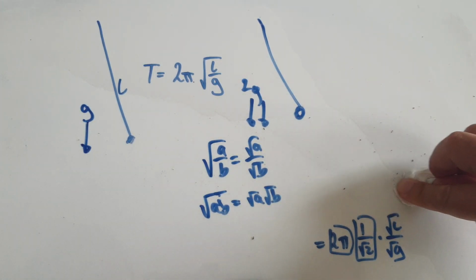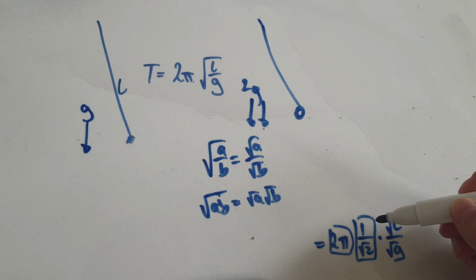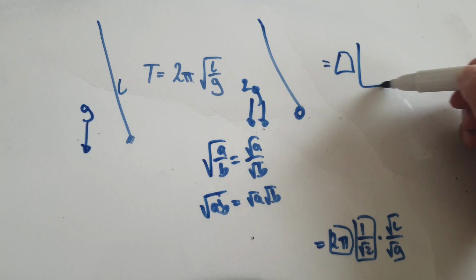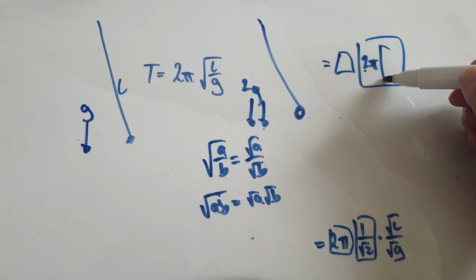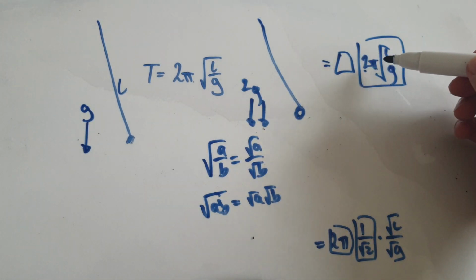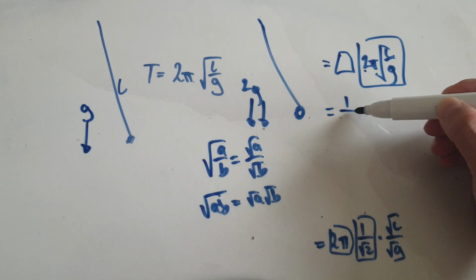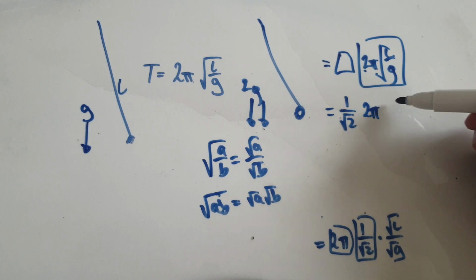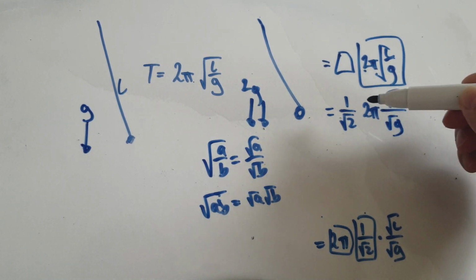So now, remember the aim was to rewrite it in terms of something times the old time. This was the old time here. Okay, so we want to get it to something times this. I'm going to extract this block and put it in front. So it looks like this: 1 over root 2, 2 pi, and then root L over root G.